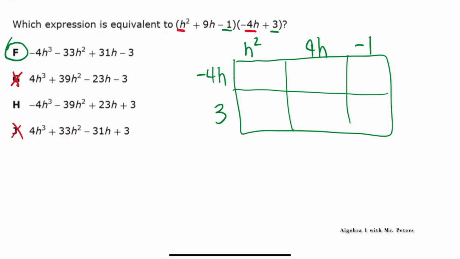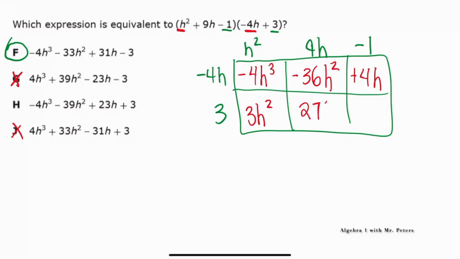So when we go through, negative 4h to the third, negative 36h squared, plus 4h. Then I go to the bottom row, we have 3h squared, plus 27h, minus 3. And when we use this method, remember that our like terms run diagonal, so it's not hard for us to combine.